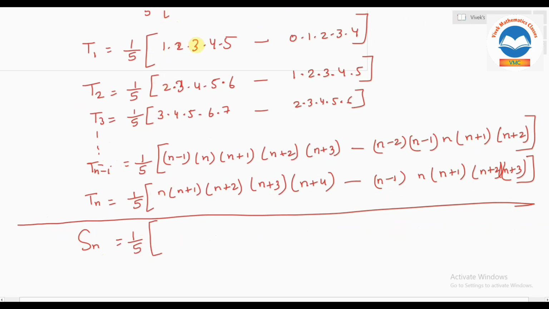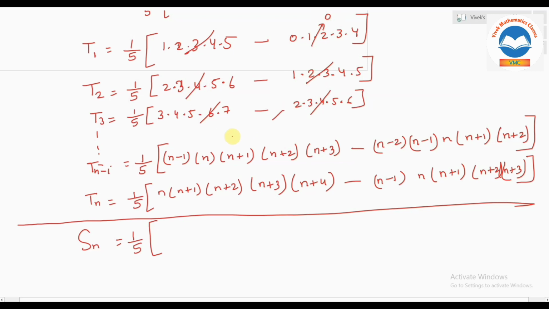What will happen? The first term of t1 will be cancelled out by the second term of t2, and the second term of t1 will be 0 only, because 0 multiplied by any number will be 0. Next, the first term of t2 will be cancelled out with the second term of t3.